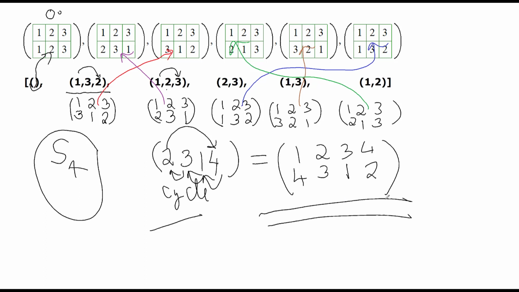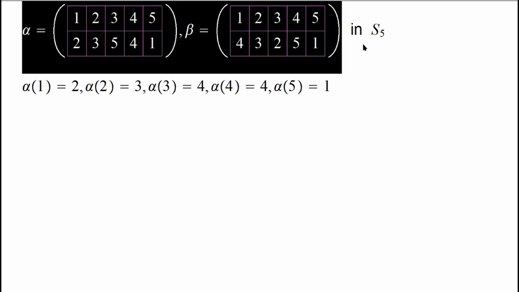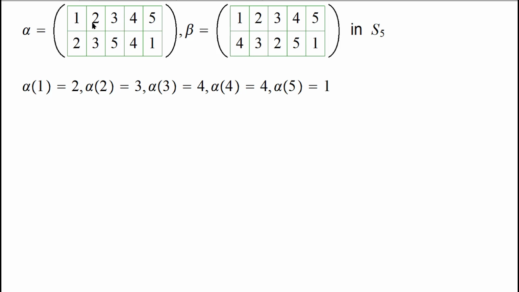So in this way, let's go over some more terminologies. First, let us quickly see how we multiply permutations. I'm taking permutations alpha and beta in S5.